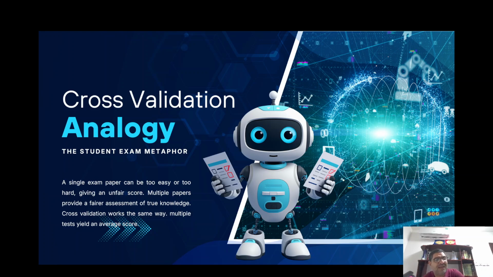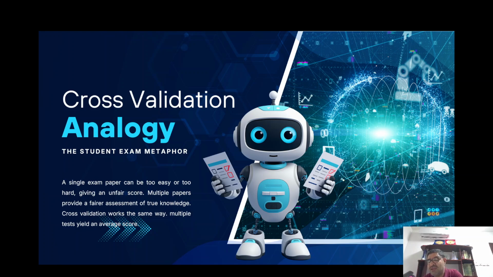So the cross validation analogy, which I explained in a gist, is the student exam metaphor. A single exam paper can be too easy or too hard, giving an unfair score. Multiple papers provide a fairer assessment of the true knowledge a student has. Cross validation works the same way: multiple tests yield an average score.